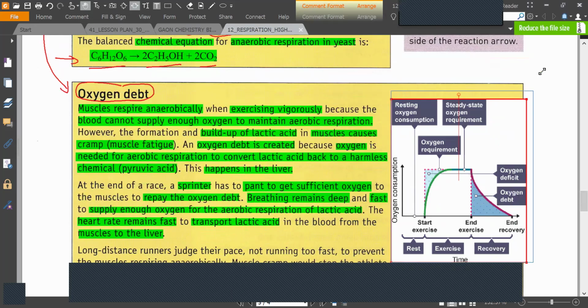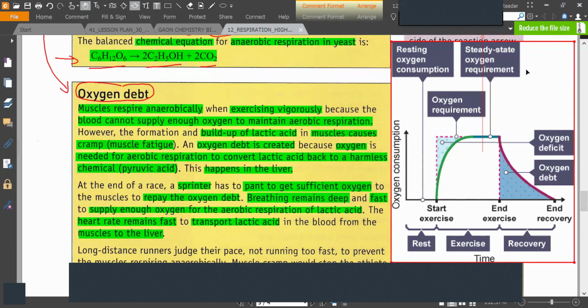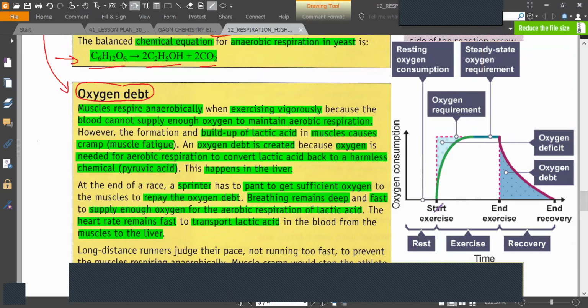Okay, so we can take a look at this picture. What is actually happening? When we start the exercise, we need a lot of oxygen. This is our oxygen requirement, but we are lacking the oxygen.